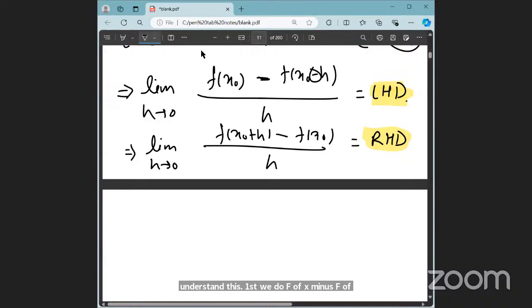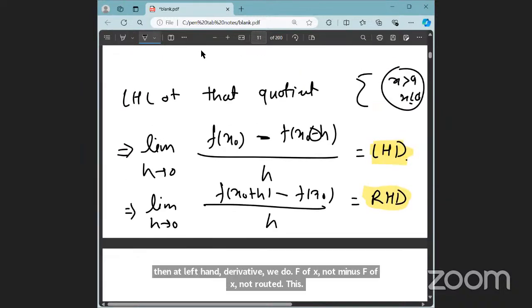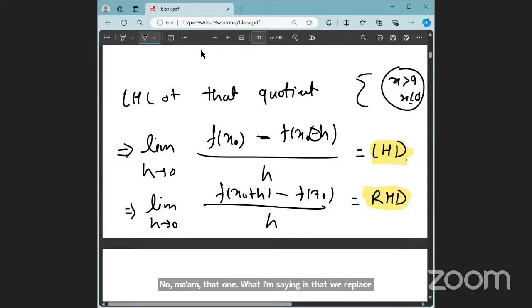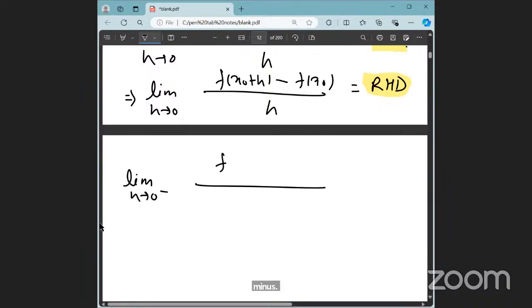No, ma'am, what I am saying is that we replace this minus inside, x naught minus h, and this h is approaching from 0 minus, and we have a minus h in the denominator. That's what I saw in the book. It says limit h approaches from 0 minus, f of x naught minus f of x naught plus h upon minus h, right?